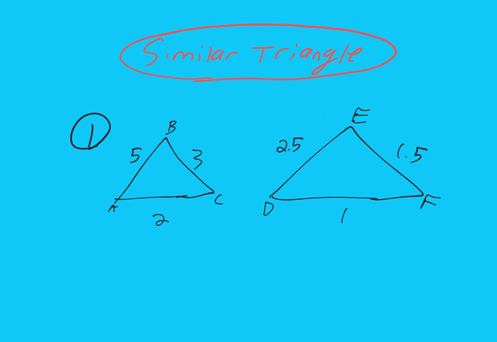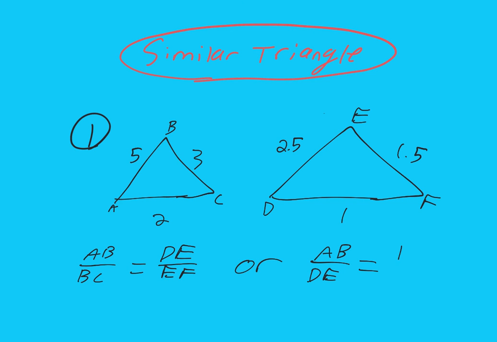So we can either show that AB over BC is equal to DE over EF, or we can show that AB over DE is equal to BC over EF is equal to AC over DF.